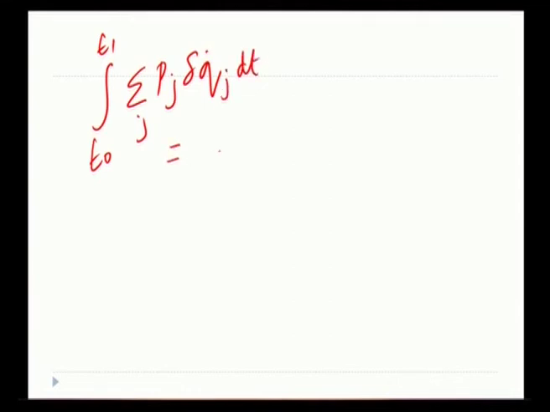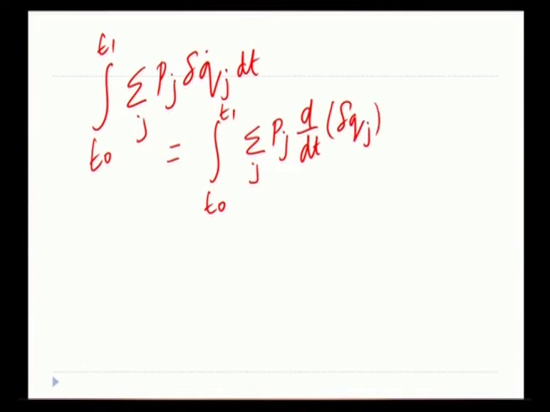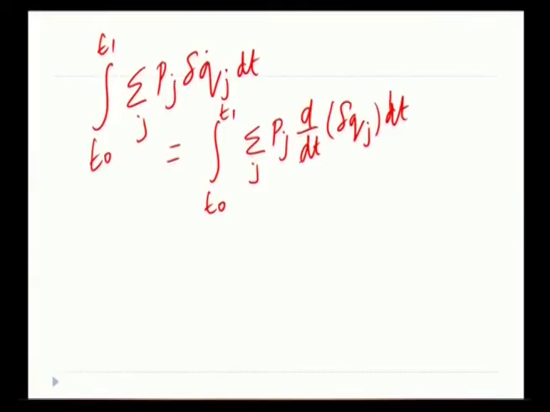This integration is equal to integration between t0 to t1 summation over j pj into d by dt of del qj into dt. So, this integration is changed to this form.